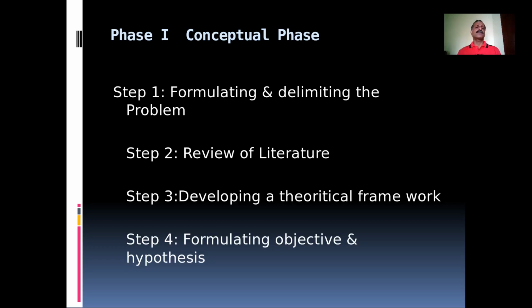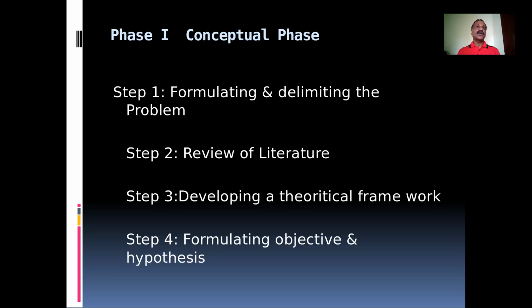Now we'll see the first step, formulating and delimiting the problem. The details of all these we will discuss in the next chapters. The next unit is the details of this. This is only an orientation to the steps. So the first step is formulating and delimiting the problem.